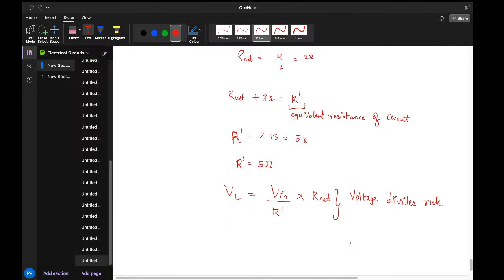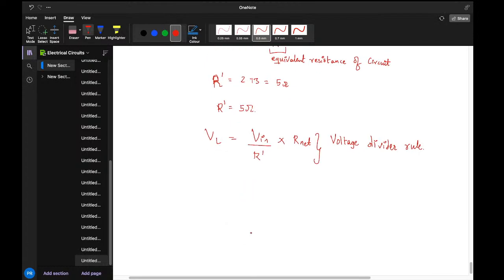Okay, guys, this formula is from voltage divider rule. So let's try substituting values. V of L is going to be, input voltage is 10 volts, divided by 5 ohms, multiplied by 2 ohms. So it's 20 by 5, which is equal to 4 volts.